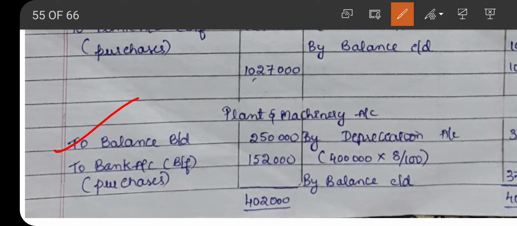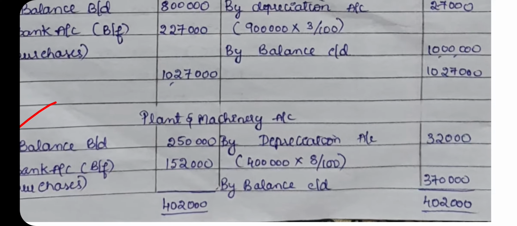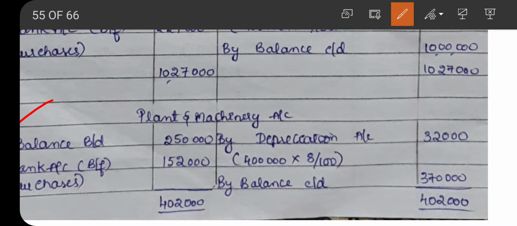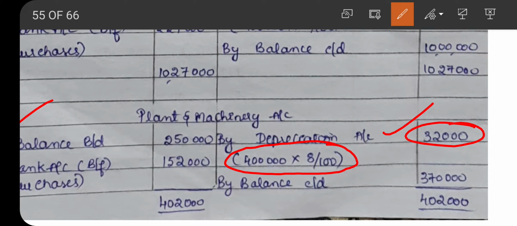So to balance brought down 2,50,000. Then by depreciation account, on 4 lakh you will be charging 8% depreciation. So 4 lakh into 8%, that is 32,000.